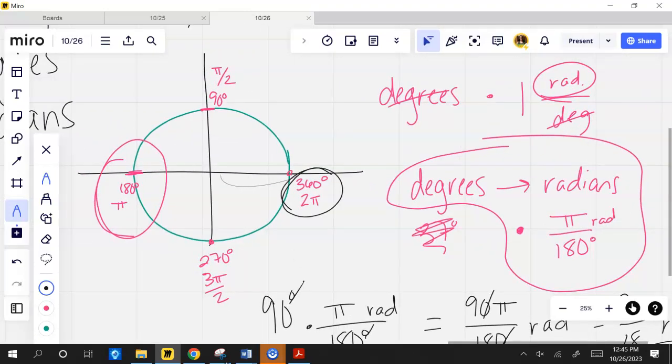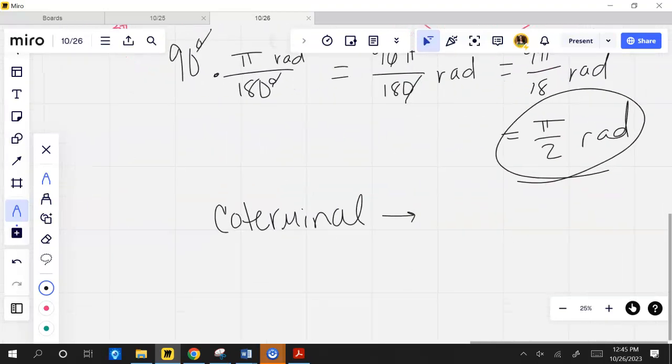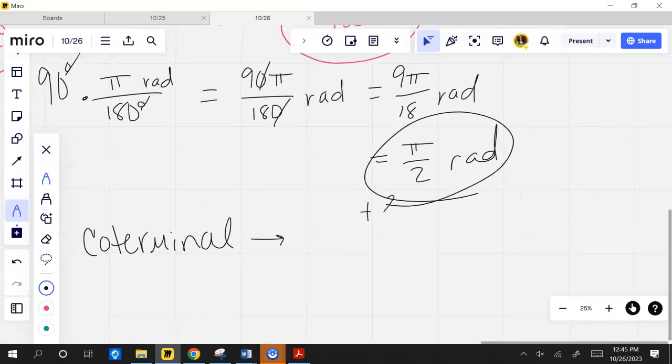Look, it looped all the way around. How many does it take? 2 pi's. So I just take this and I add 2 pi to it.